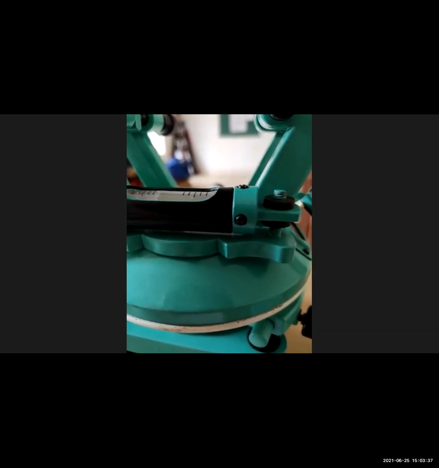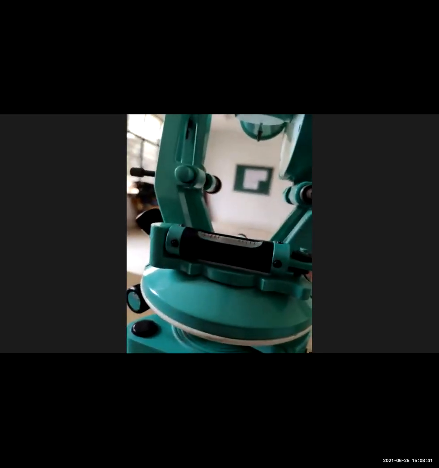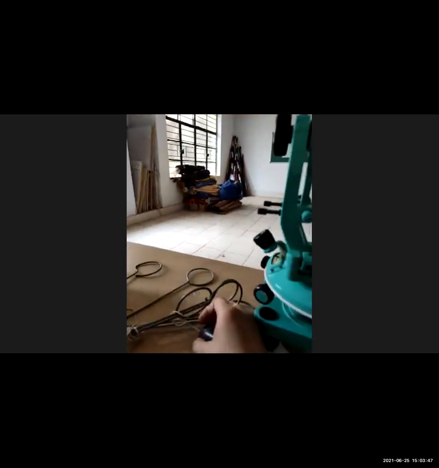Next is centering. How is centering done in a theodolite? Centering is done with the help of the plumb bob. This is the plumb bob. One side is pointed and one side is attached to thread.